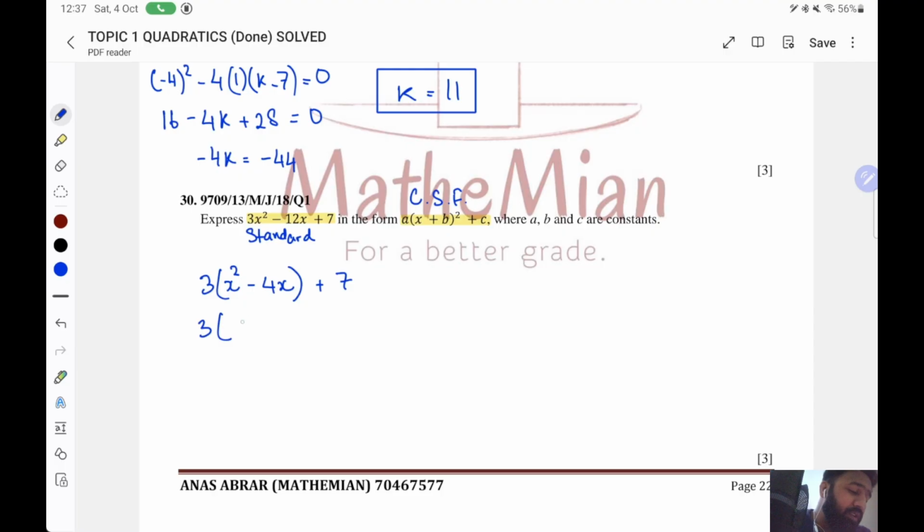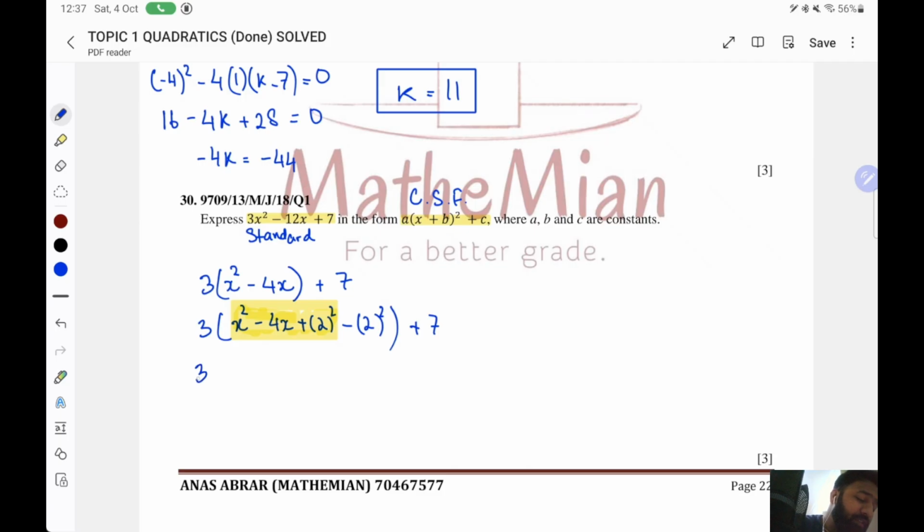After that we need to do the half of the coefficient of x. Half of 4 is 2, so you will add the square of 2 and you will subtract the square of 2. Now if you just have a look at the first three terms, they are always going to make an identity for you. If there is a negative sign, it is going to be a minus b whole square. Otherwise, if both of them are positive, it's going to be a plus b whole square.